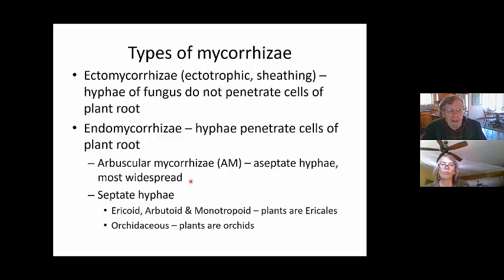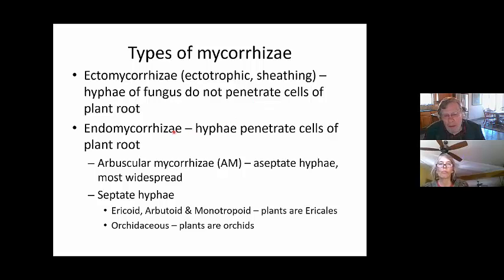The types of mycorrhizae that we'll briefly introduce are either ectomycorrhizae, sometimes called sheathing or ectotrophic mycorrhizae, in which the hyphae of the fungus don't penetrate the plant cells. They can intertwine among the plant cells, but generally they do not penetrate into the cell itself.